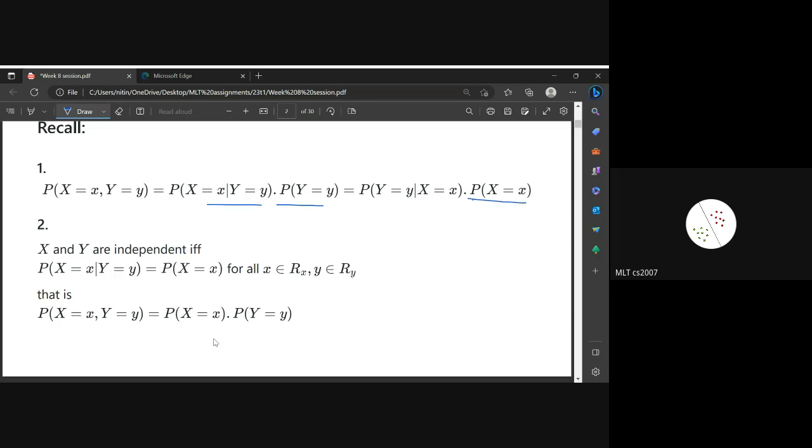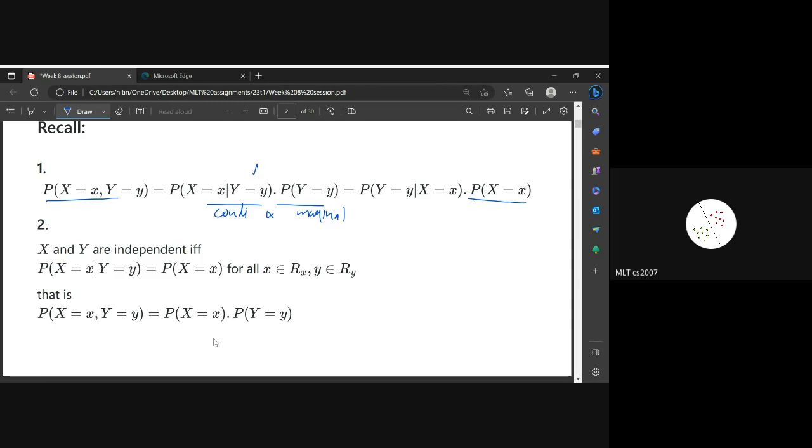So this joint distribution can be written as conditional times marginal, in both conditional spaces, given y and given x.